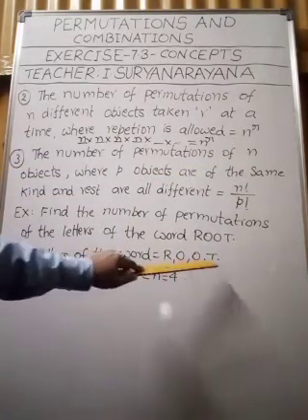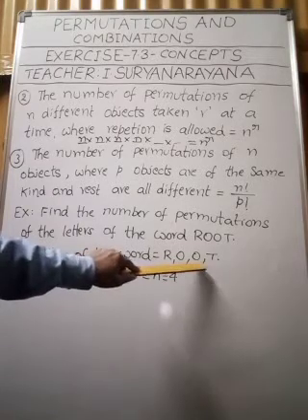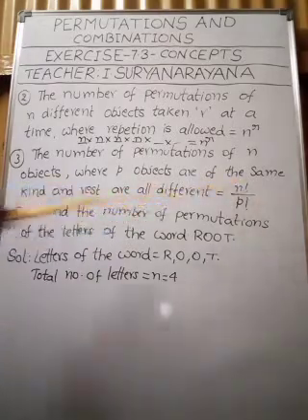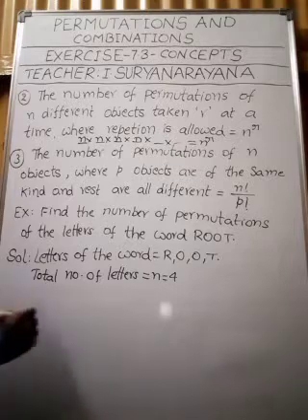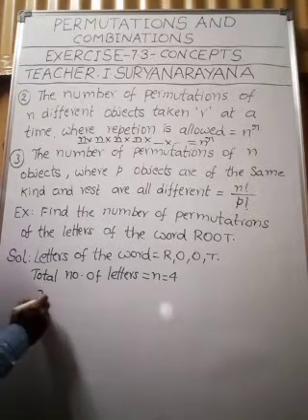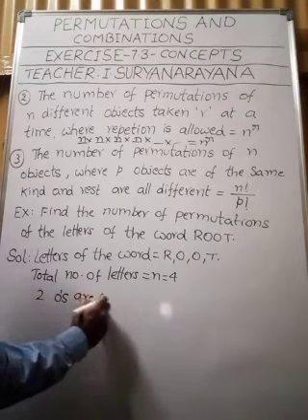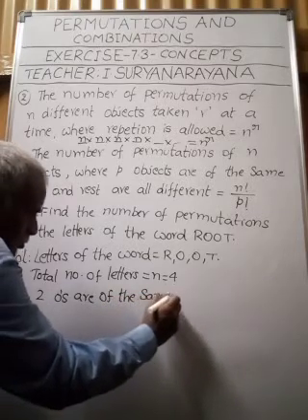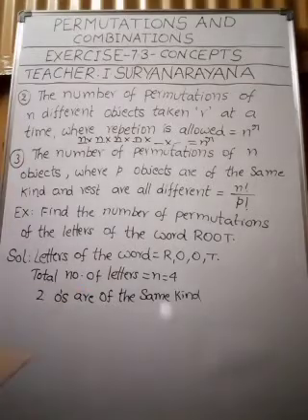Out of these 4 letters, see here, O. These 2 letters are identical. These 2 letters are of the same kind. Yes or no, my children? Here two O's are of the same kind.